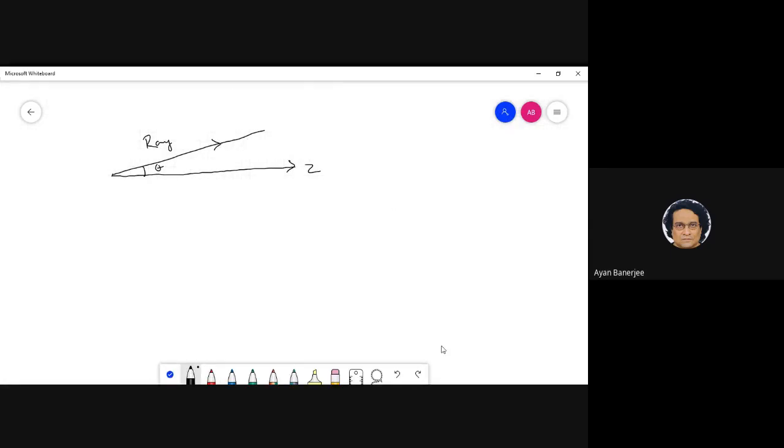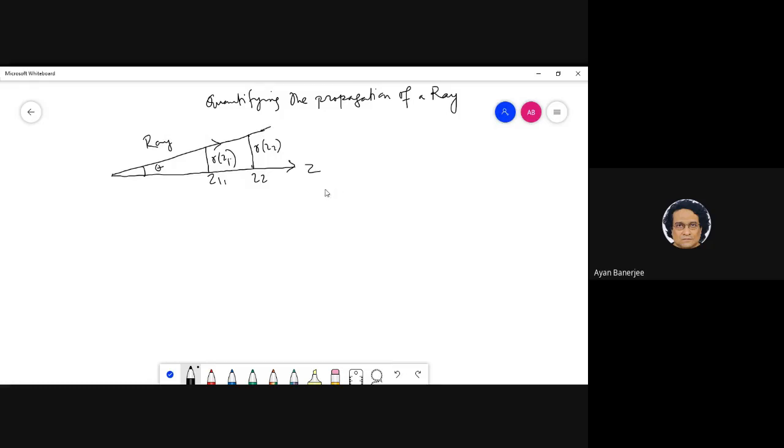Quantifying the propagation of a ray. So what we wrote down was this one was R of Z, Z1, that is Z2. So this is Z1, this is R of Z2, right?